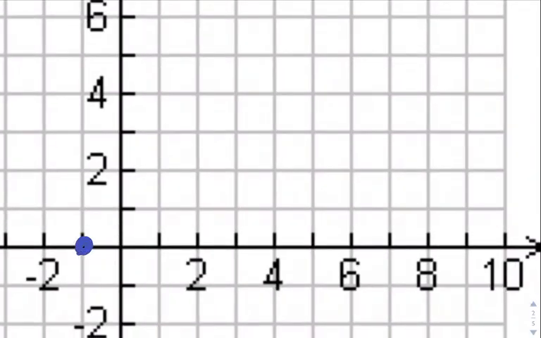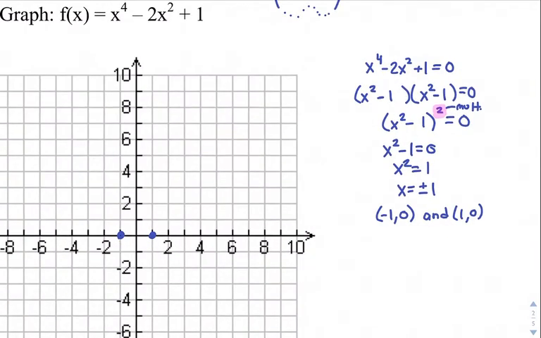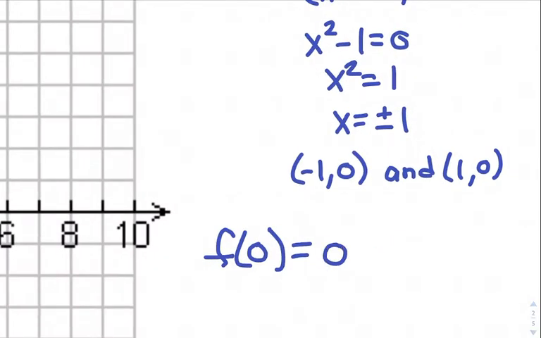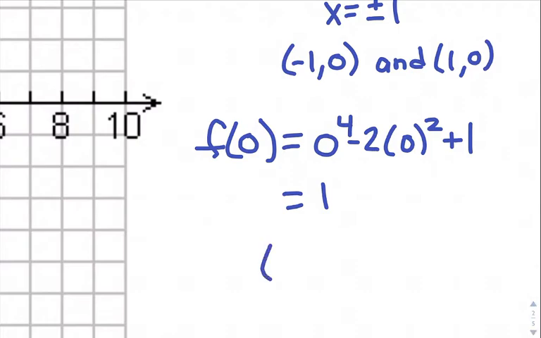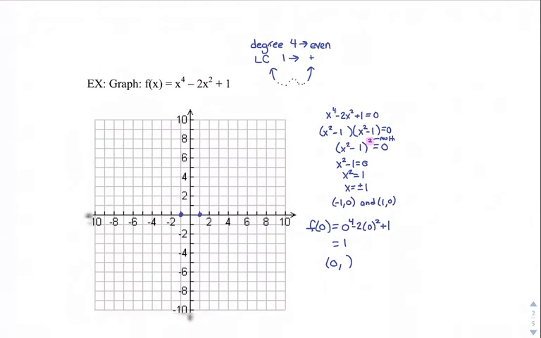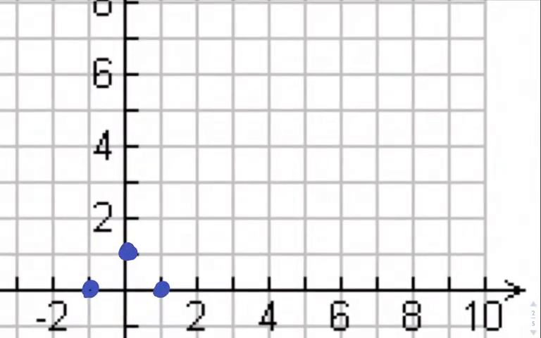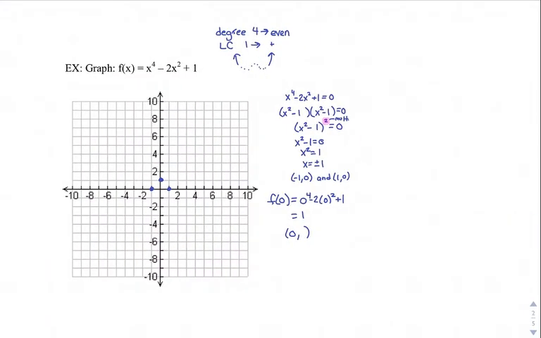Here's one point, here's another. Now I have to figure out my y-intercept. To figure out my y-intercept, remember you plug in 0 for x. So it's going to be 0 to the 4th minus 2 times 0 squared plus 1. When you add that together, my y-intercept is 0, 1. So I can plot that point. So those are my x and y intercepts.